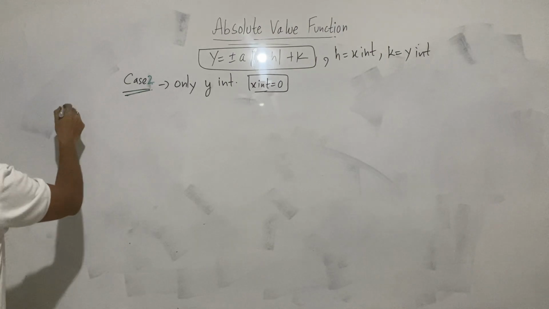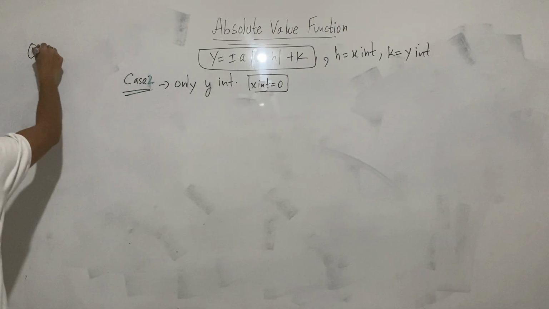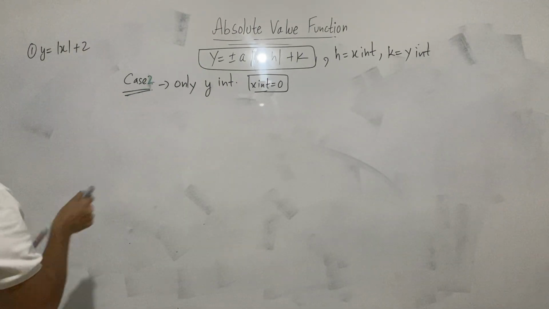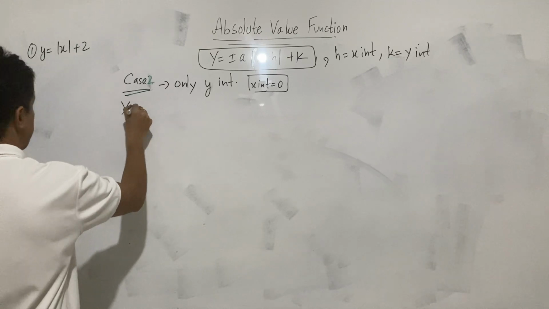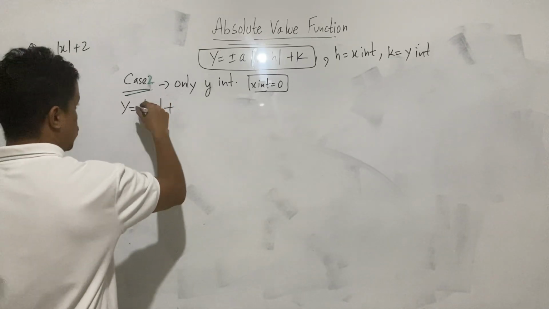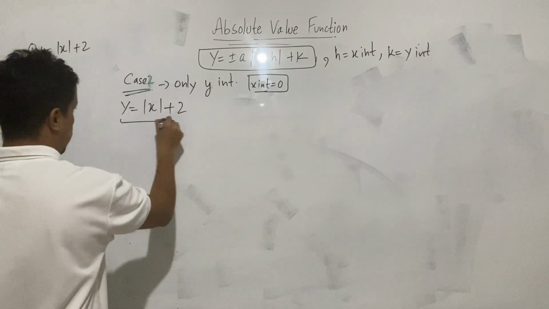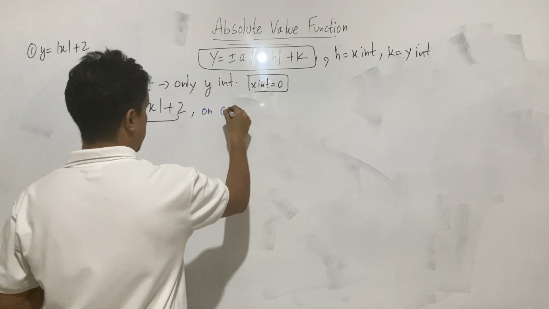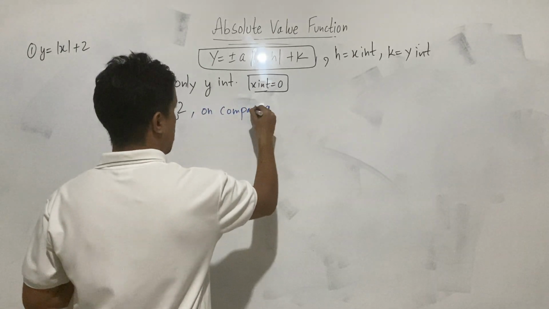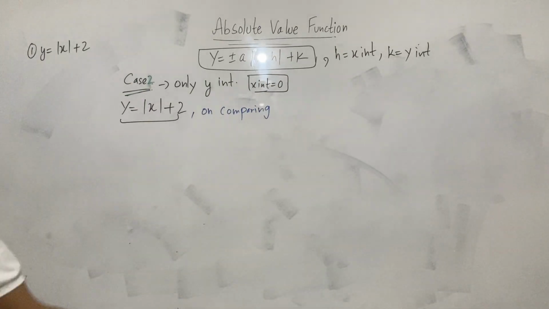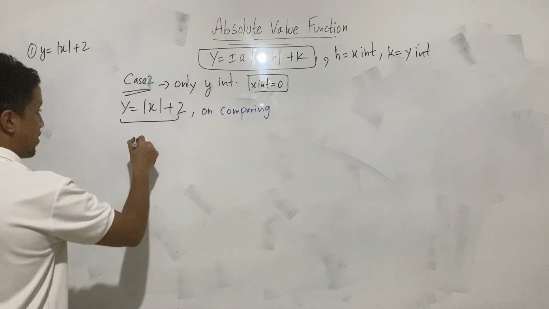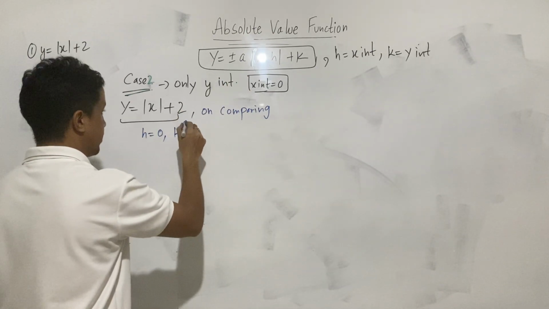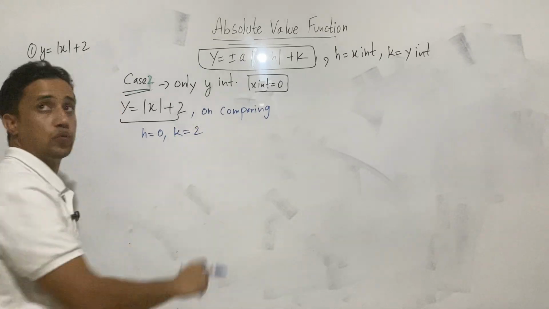Okay, let's do the question. Y equals absolute function of x plus 2. This is my equation. So what happened now? On comparing with the standard definition, what we have is h is 0 and k is 2, right?